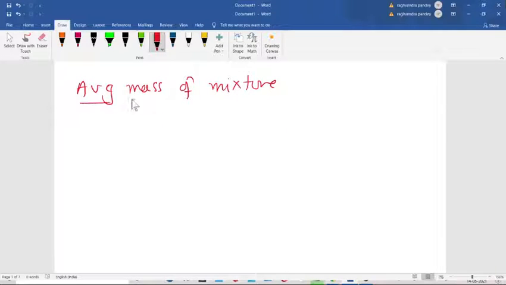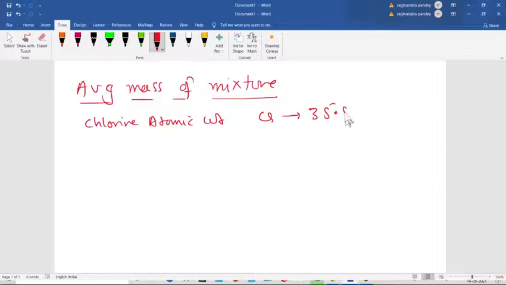Now average mass of mixture means that, let's take an example of chlorine atomic weight. Now what is the weight of chlorine? Chlorine 1 mole weight is 35.5 gram. Okay, 35.5 gram.